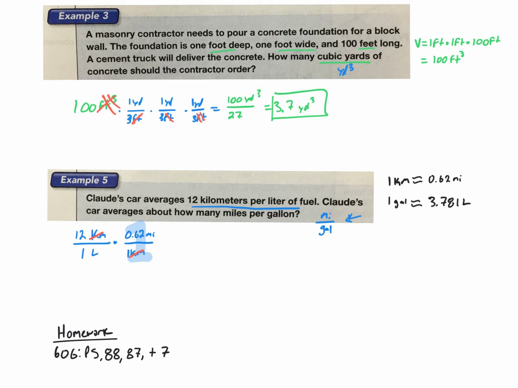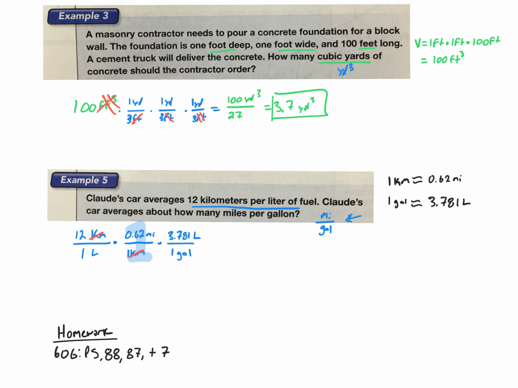Now if we multiply this, we would have miles over liters, but I don't want liters, I want gallons down here. So I'm going to multiply this by another 1 using the gallons and the liters. Notice my liters is down here on the bottom, so I want my liters up on the top so they reduce with each other. So I'm going to say 3.781 liters on the top and 1 gallon on the denominator.